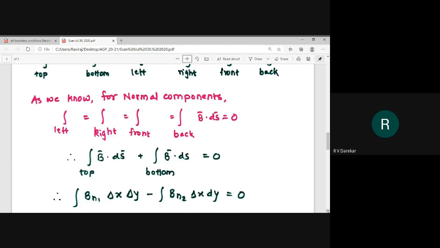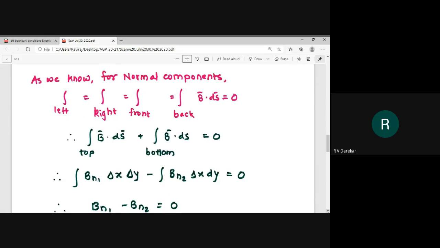If we substitute the value of B bar dot dS bar with the upper surface Bn1 delta x delta y, because dS bar is nothing but the surface, and the surface of the top side is delta x into delta y, minus Bn2 delta x into delta y, its integral can be considered equal to 0. By solving the integral, the delta x and delta y contributing a common value will be sent to the RHS.